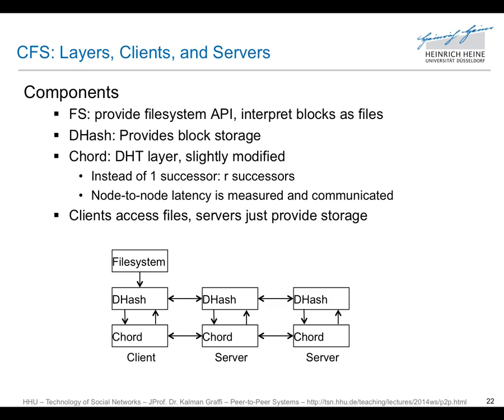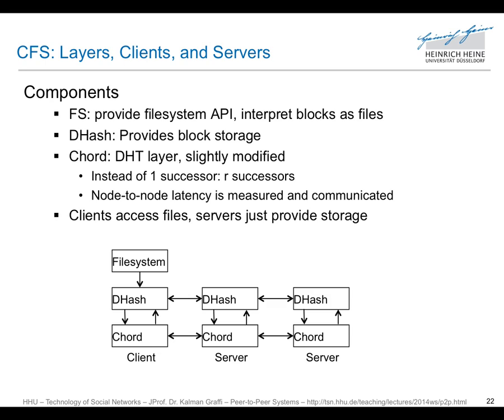Okay, so what do they do? The main idea is that you have a file system, and this is the access point to the main operating system. So it provides a file system API, like it's known from operating systems, and the implementation itself is distributed. So for the operating system or for the user, it's transparent how it's implemented.